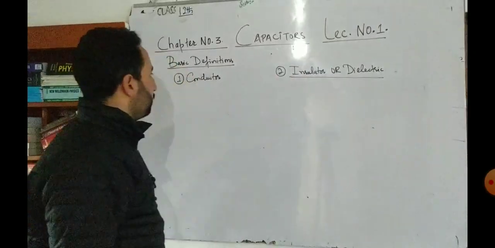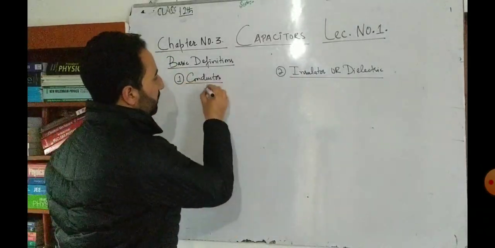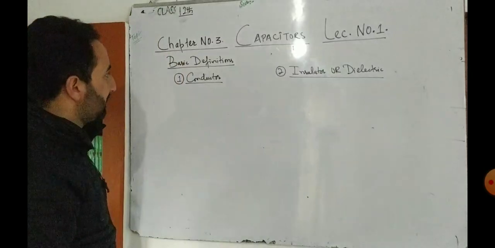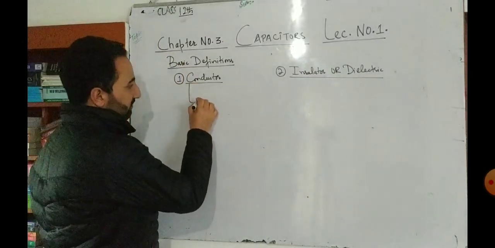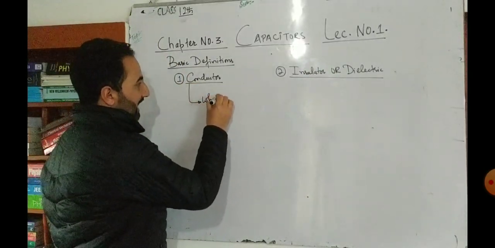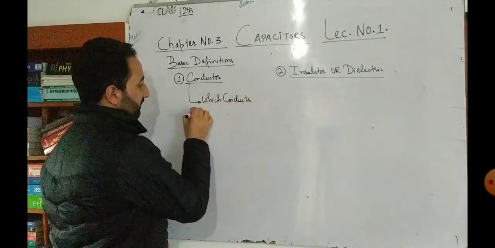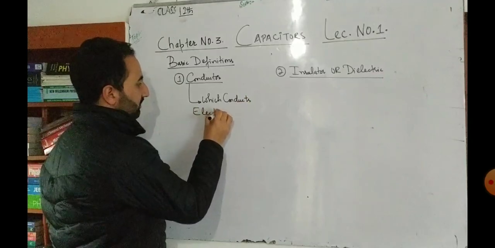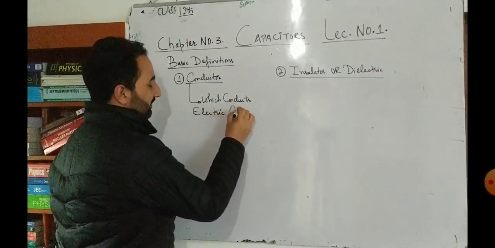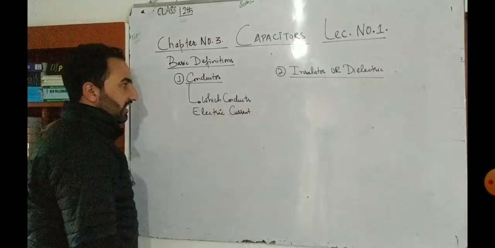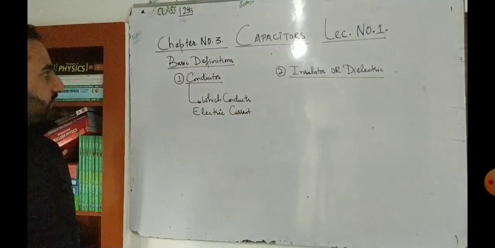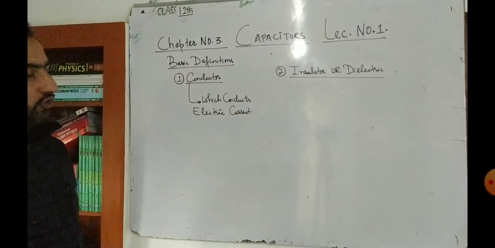First of all, how do we define the conductor and insulator? The simplest definition of the conductor is that it is that substance which conducts electric current. The reason is that there are free charge carriers present in the conductors which contribute to the conduction.